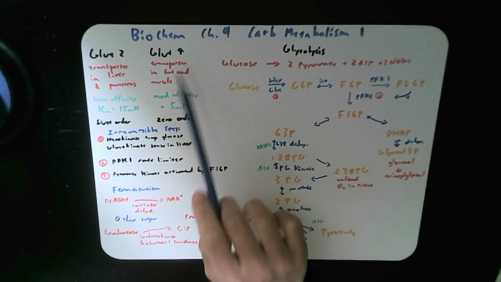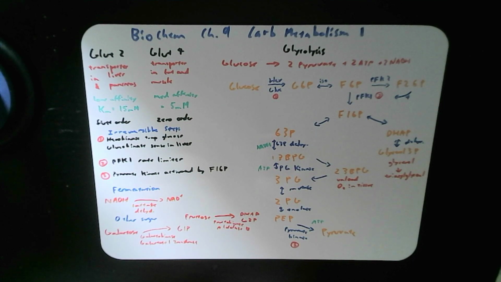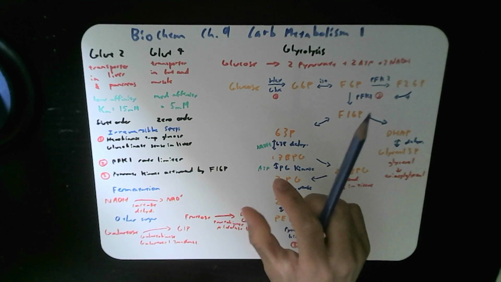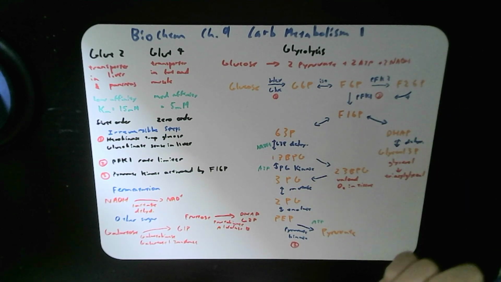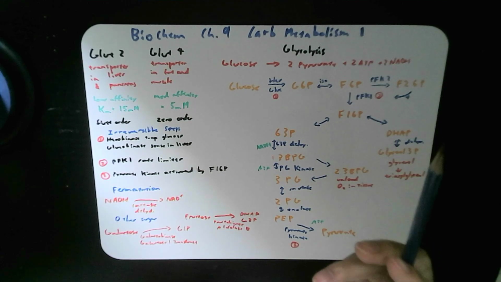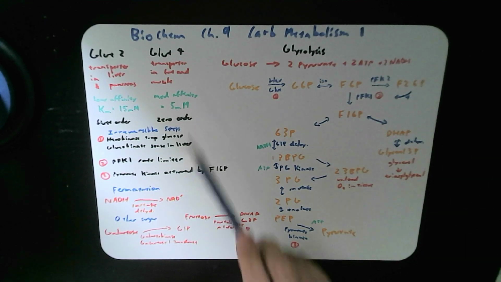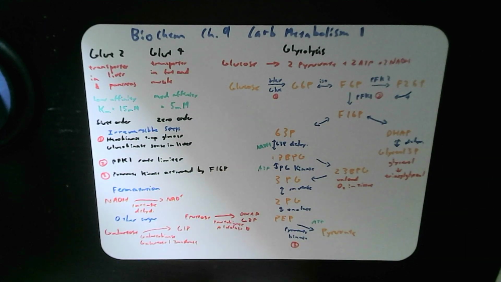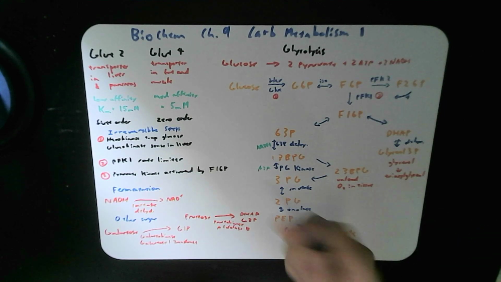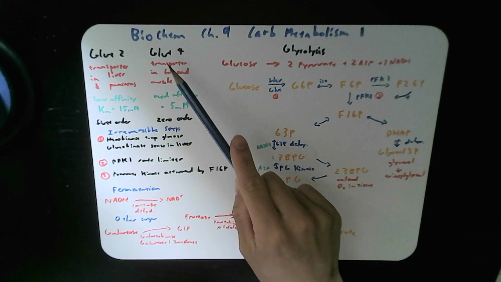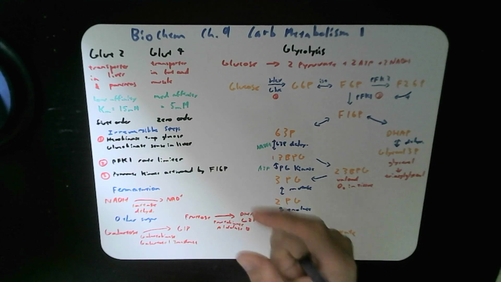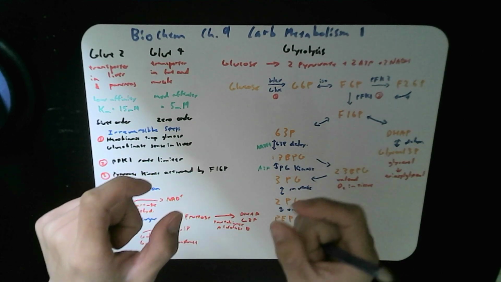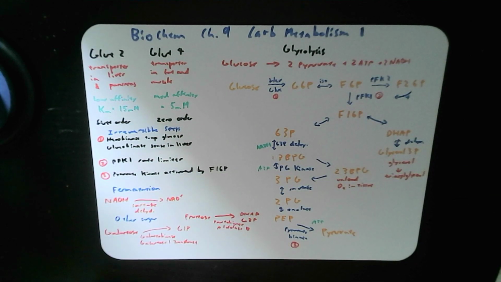GLUT4 transporters are found in the fat and the muscle tissues, and their purpose is to bring the blood glucose into the cells. And they are stimulated by insulin. So more insulin brings more GLUT4 transporters onto the surface of the cell membrane to bring more glucose in.